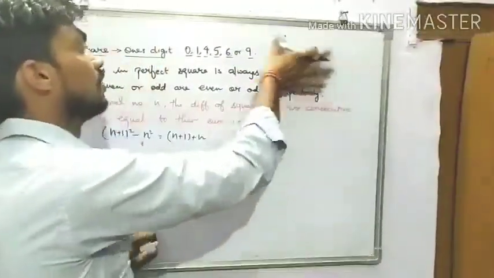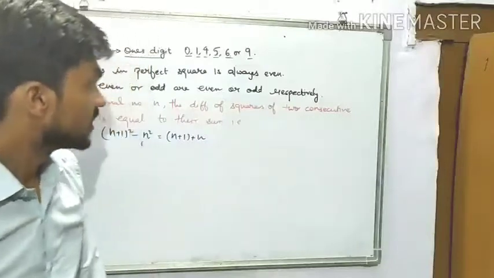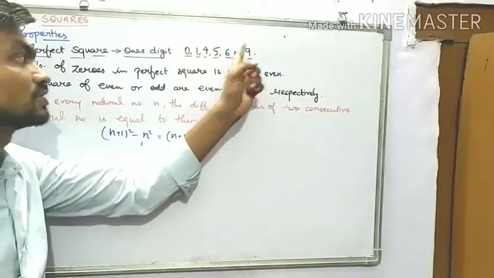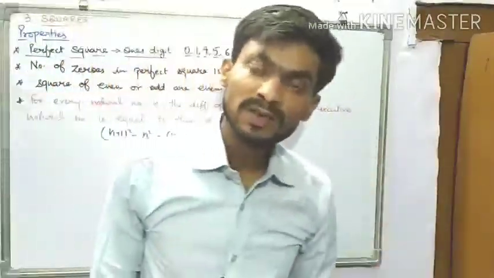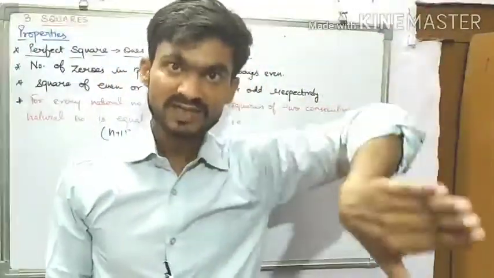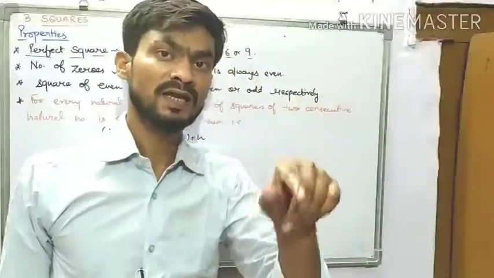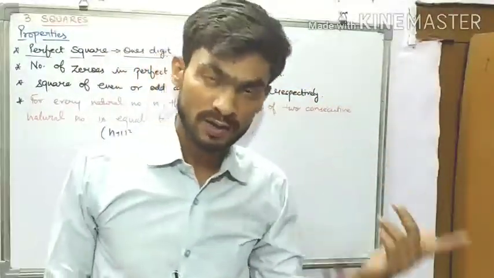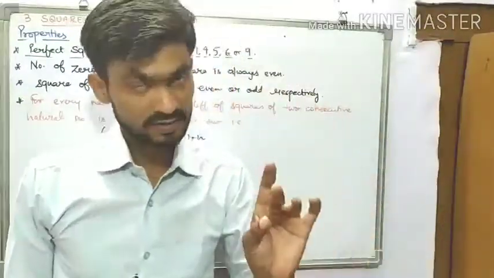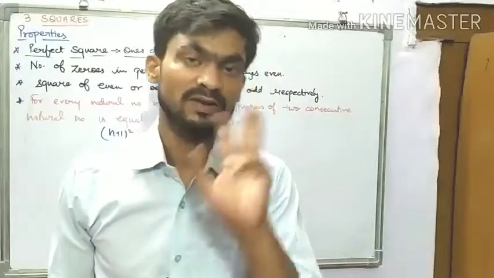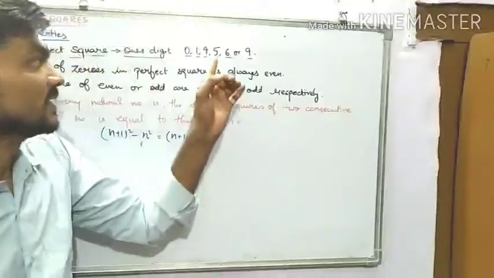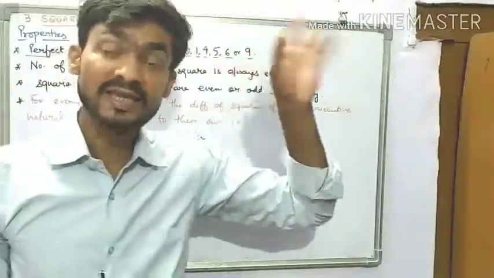Now, one very important result. Every number may not be a perfect square, but if it is a perfect square, it must end either in 0, 1, 4, 5, 6 or 9. Other than these, digits like 2, 3, 7 and 8 will not appear at the one's place in any number's square.